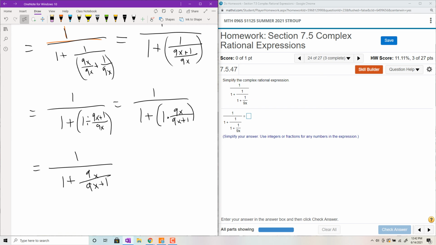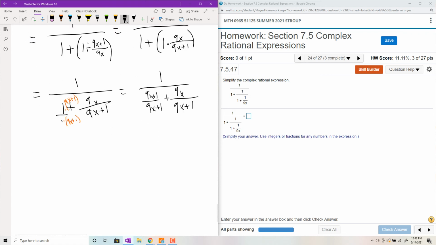And then I need to find a common denominator here. So I need to multiply top and bottom of this fraction by 9x plus 1. Okay. And so I'll have 1 all over 9x plus 1 over 9x plus 1 plus 9x all over 9x plus 1.